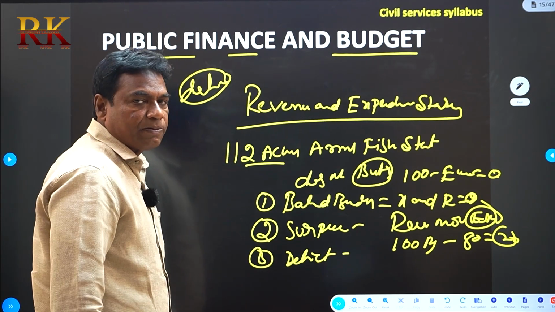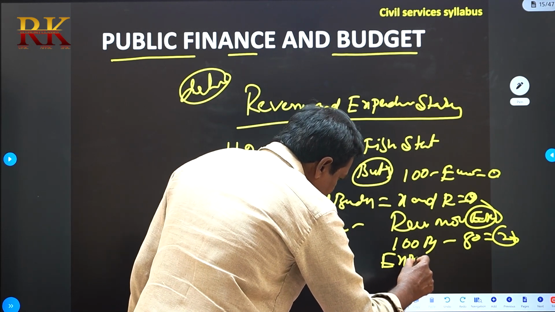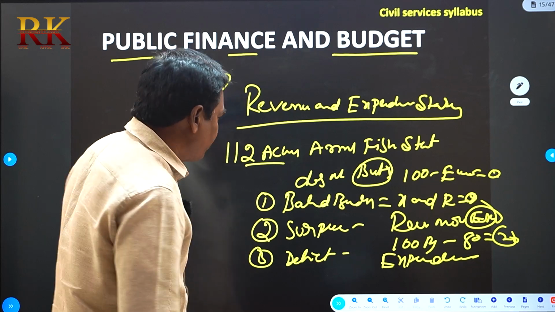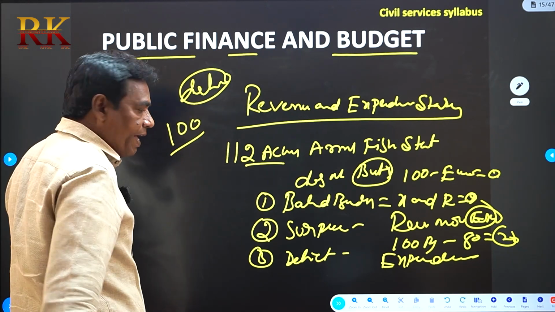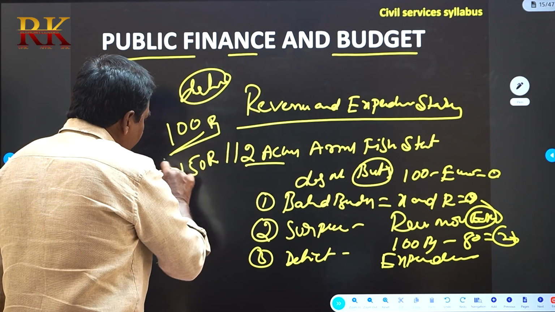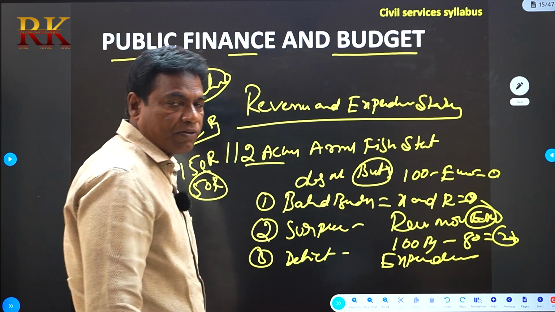Deficit budget means expenditure is more than revenue. For example, the government receives income of 100 rupees and expenditure is 150 rupees. How much is the difference? 50 rupees. That is the actual deficit.